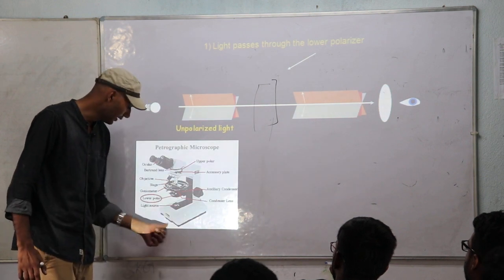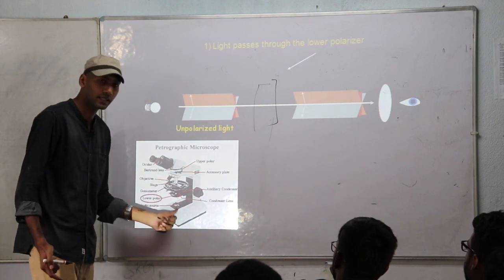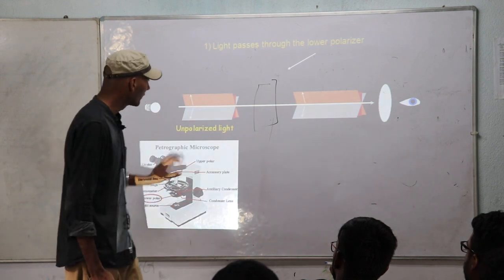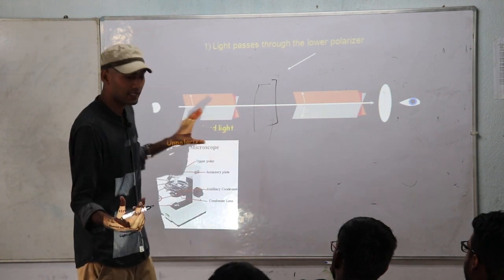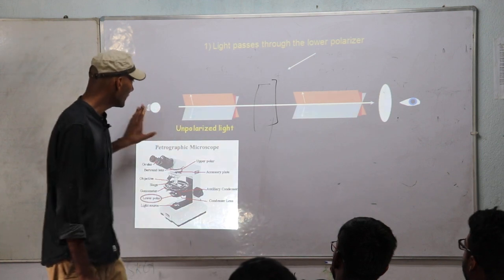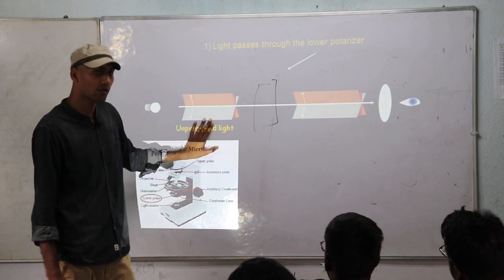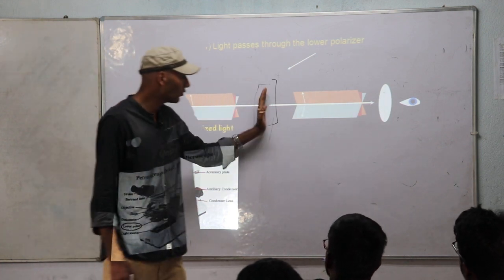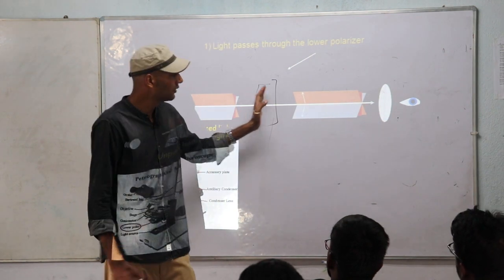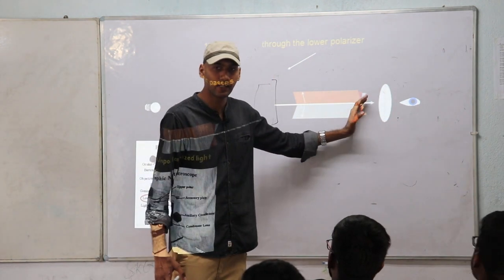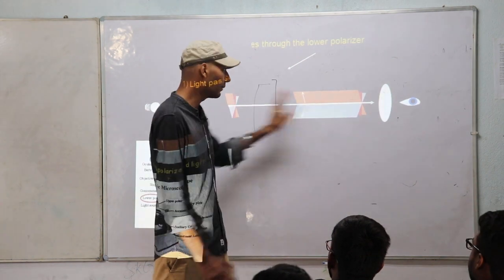Here it is the illuminating source, the source of light. In the previous case there is a reflecting microscope. So what happens, we are providing white light, that is unpolarized light, and if there is no mineral on the stage, we can see the unpolarized light ray and white ray. Okay, same ray we can see.